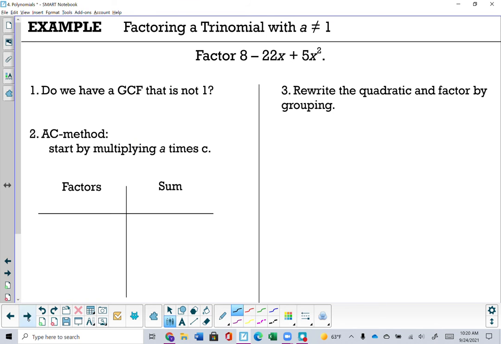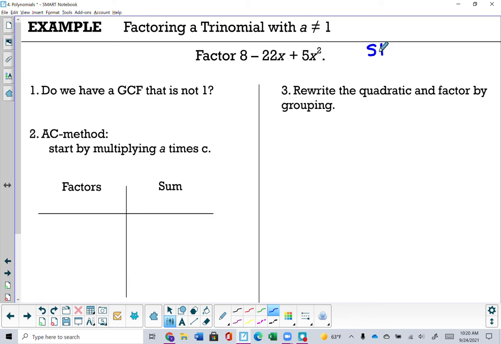All right, we have factor 8 minus 22x plus 5x squared. Now, before we're off to the races, first thing I want to point out is it's highly recommended that you start with writing your answer in standard form. So that's what we're going to do.